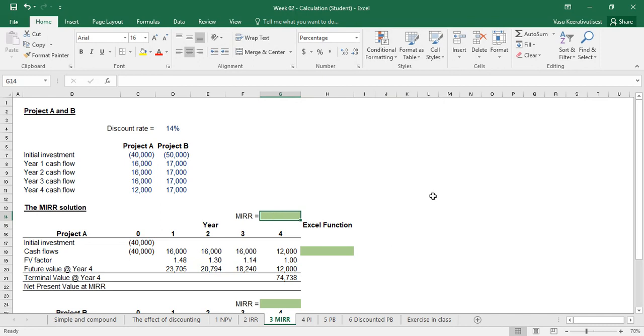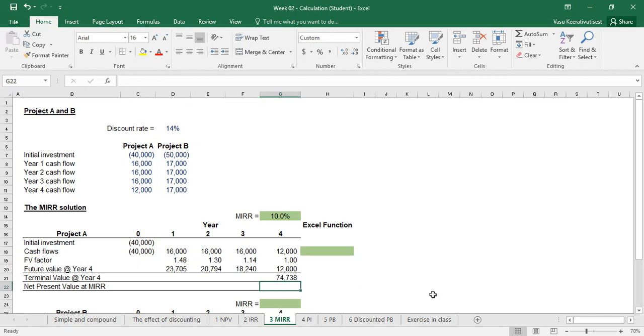For MIRR, you also need to put some dummy first here. Then when we talk about MIRR, it means the percentage that brings this terminal value and this one to net present value of 0.